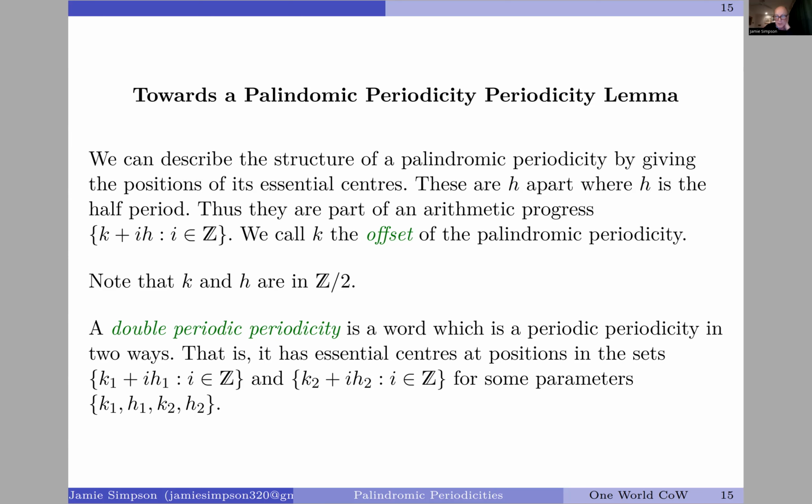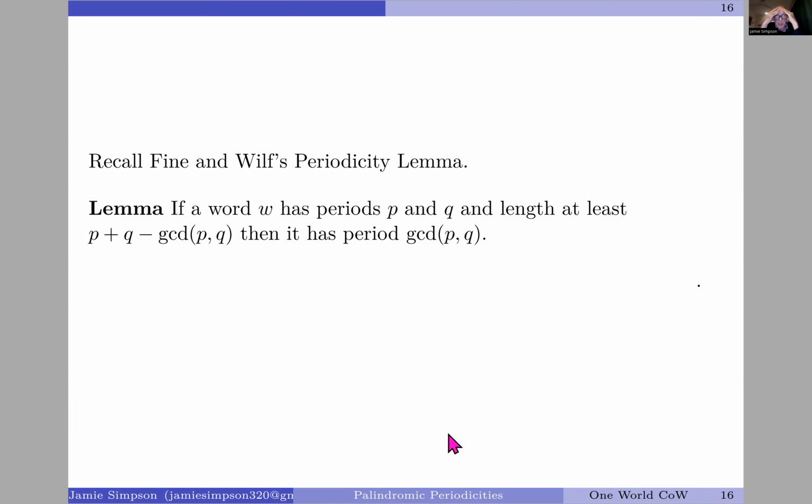And what the lemma turns out to be is looking rather like Fine and Wolf's periodicity lemma, which is given there. So if a word has two periods and sufficient length, then it will also have a period of the greatest common divisor of the two periods.